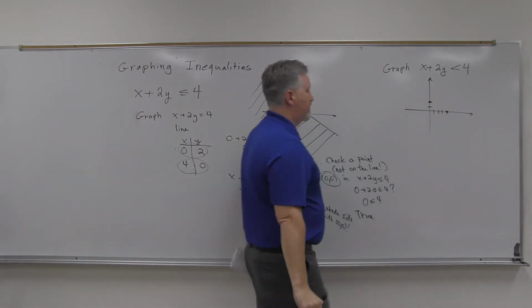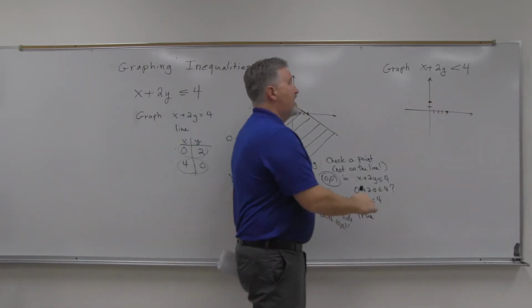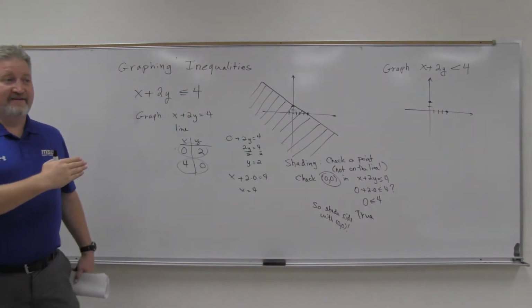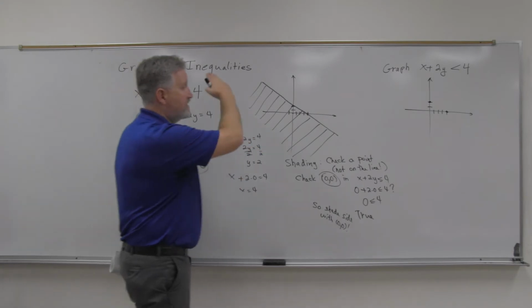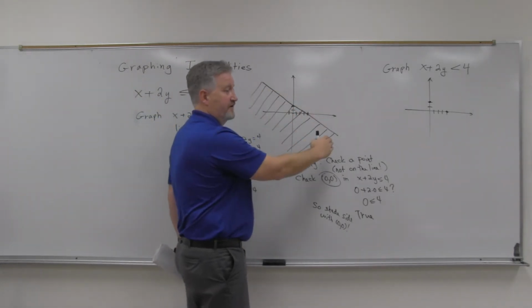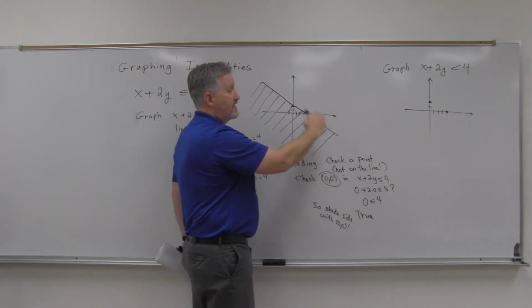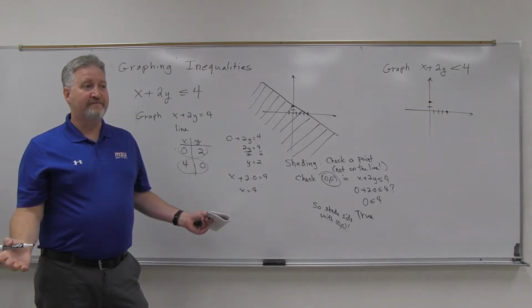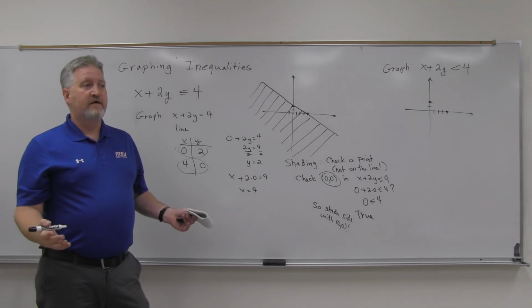Same x and the same y intercept, or same 2 points I got. However, the equal to part is not a part of that inequality. And so what that means, the equal to part of this graph over here was the line itself. And so, technically speaking, the line itself is not a part of this graph. However, it is a boundary. And so we need it.